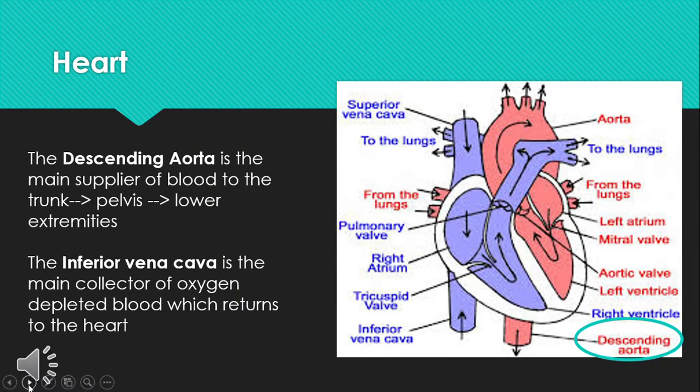The heart pumps blood to all parts of the body. After blood is oxygenated by the lungs, it returns to the heart. At this point, the descending aorta is where the blood is mainly supplied to the trunk, pelvis, and lower extremities.